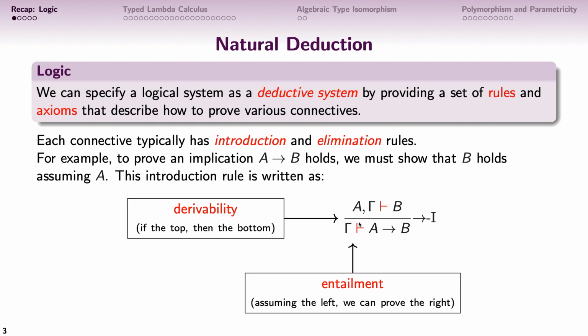So, implication. In order to prove A implies B, that's what this is saying, we need to add to our set of assumptions, which we've just called gamma here, an extra assumption A, and then if, by adding that extra assumption A, I can prove that B holds somehow, then I can show that A implies B, just with the assumptions gamma. So this is the introduction rule for implication.